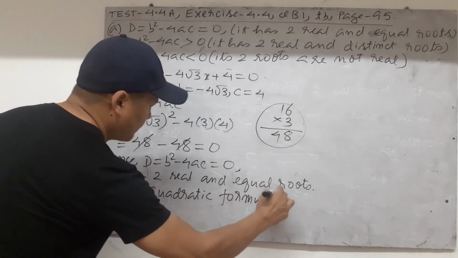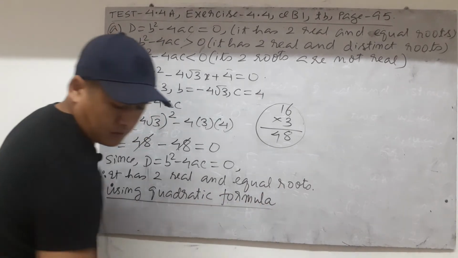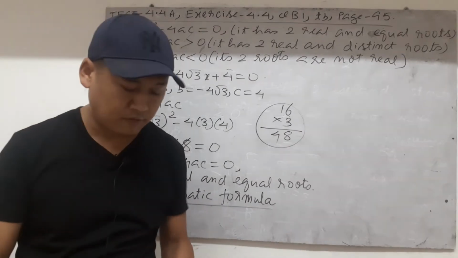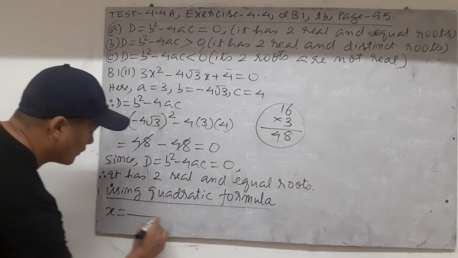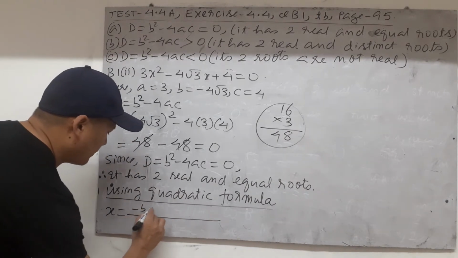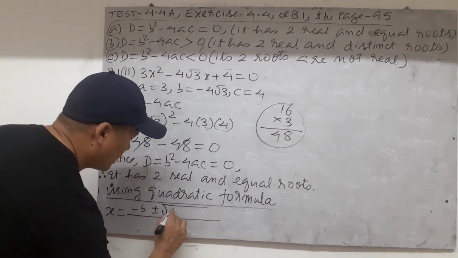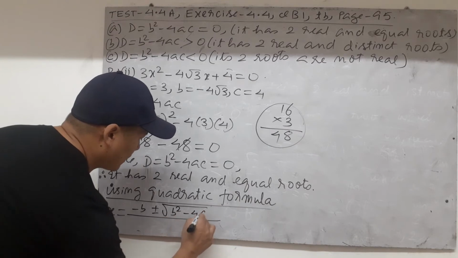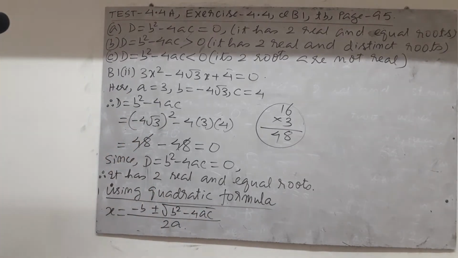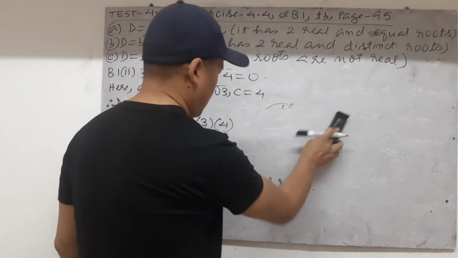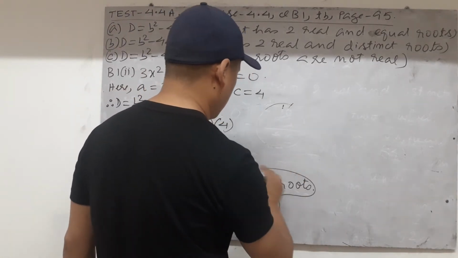All of us know we have done it in the previous chapter. The quadratic formula is x equal to minus b plus minus root over b square minus 4ac, divided by 2a. Once we're through with that, we can go here.